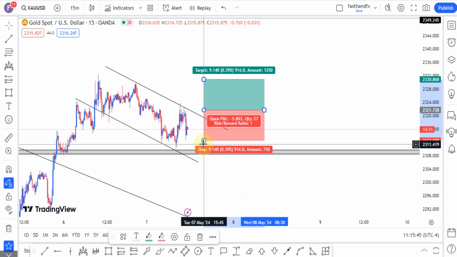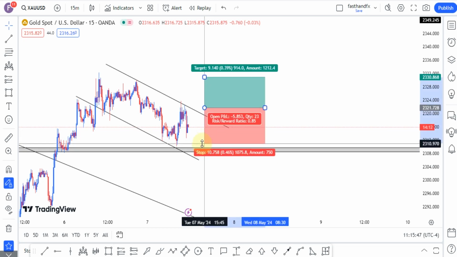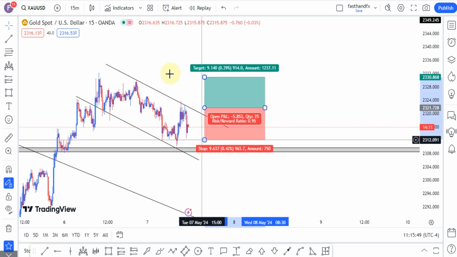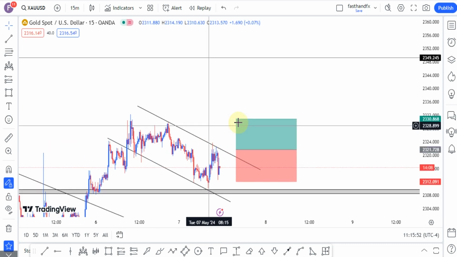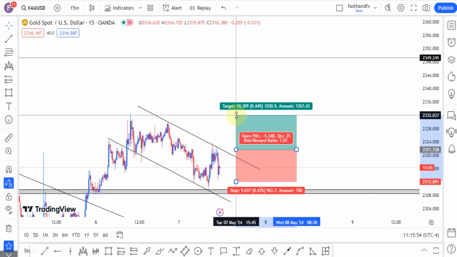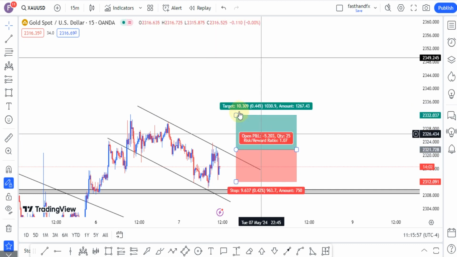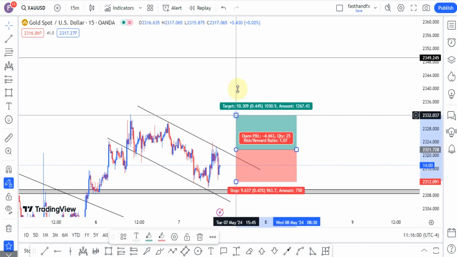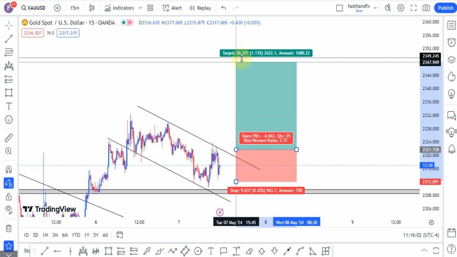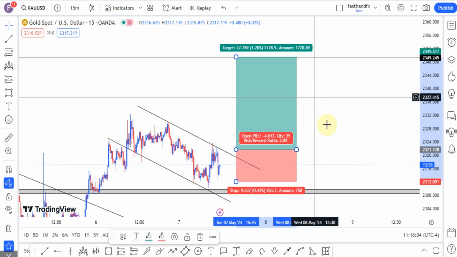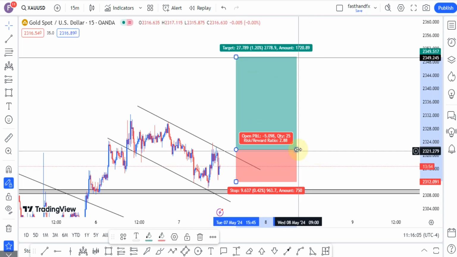Maybe our stop loss will be just right below here, and our take profit one will be at this point, that's about 100 pips. Our take profit 2 will be around this area, that's around 277 pips.